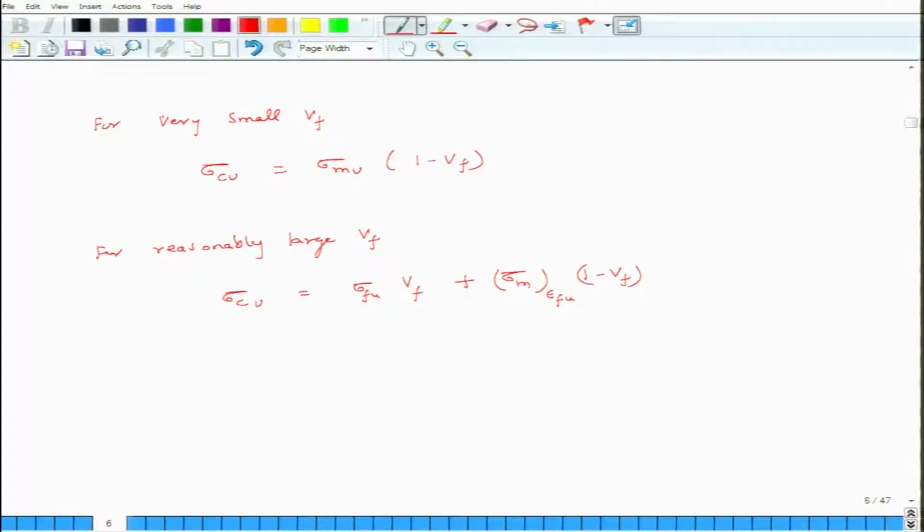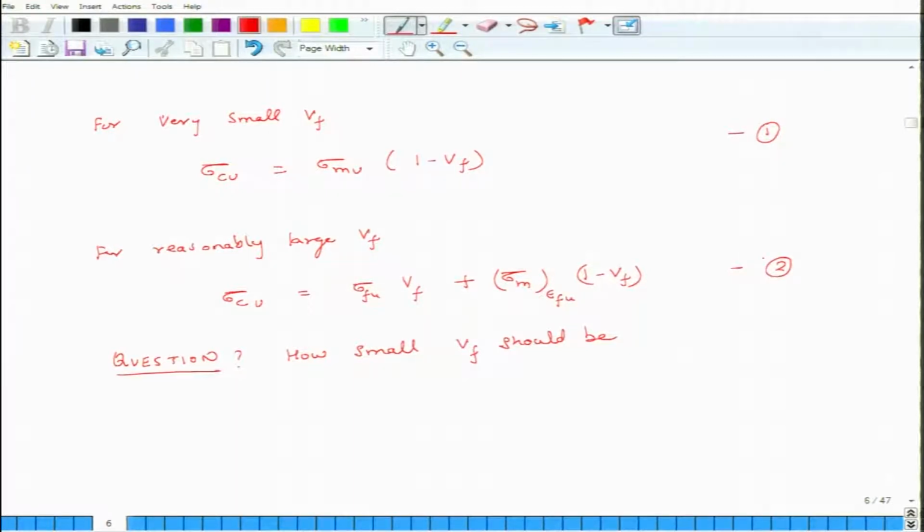Now, the question is, how small Vf should be. Let us call the first expression equation 1 and the second equation 2.